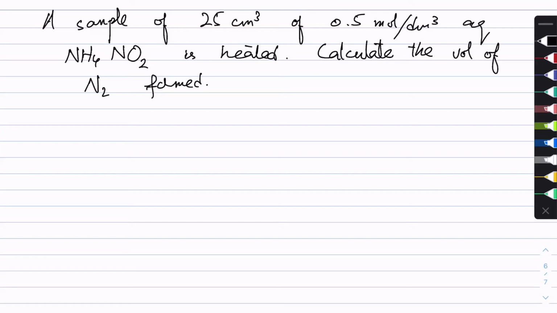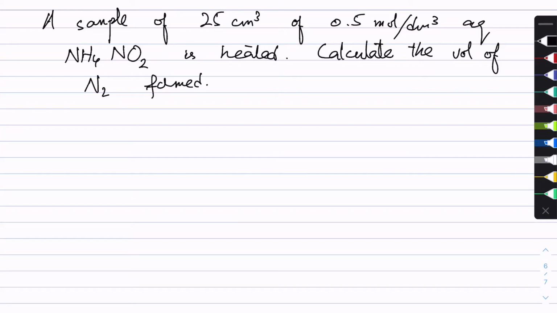Now, you will not be expected to solve this question without an equation. Okay, and the reason for that is that when ammonium nitrite reacts, मतलब वो डिकम्पोज होता है, तो वो आपने अभी पढ़ा ही नहीं है कि वो कहाँ से होता है. ठीक है.